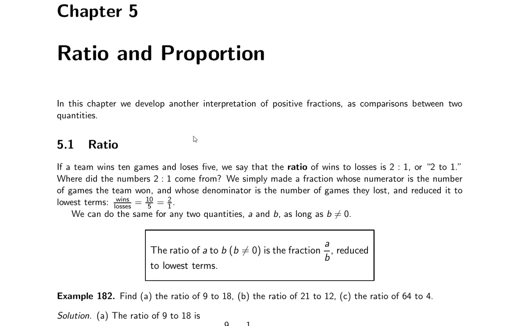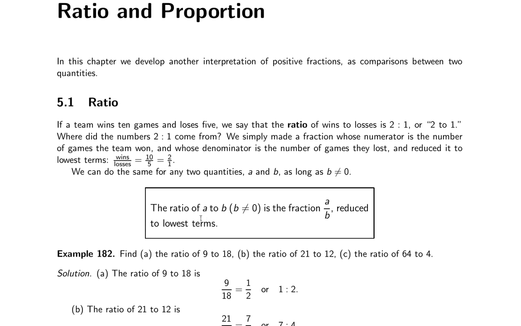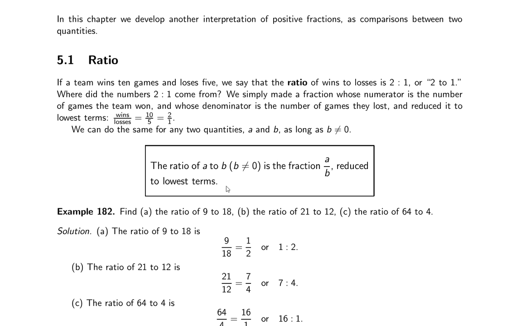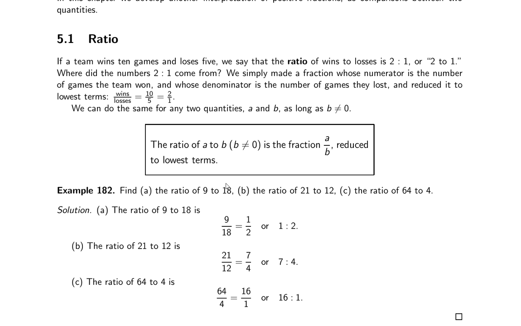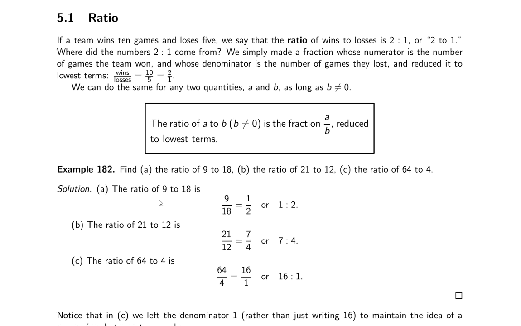In the book, a ratio a to b is just the fraction a over b, and we want to reduce it to lowest terms. In this example, the ratio of 9 to 18: we'll make the fraction 9 over 18 and simplify it. So we get the ratio of 1 to 2, 1 colon 2.